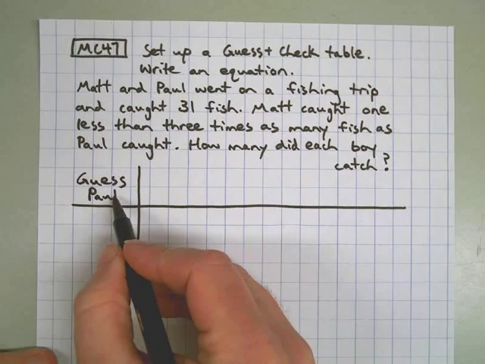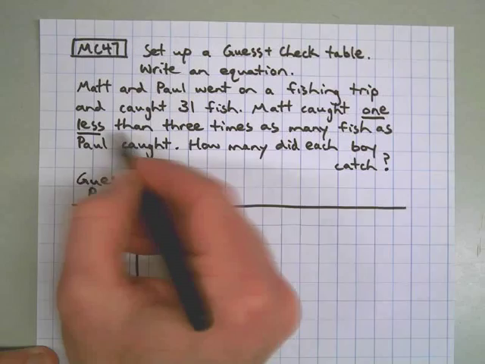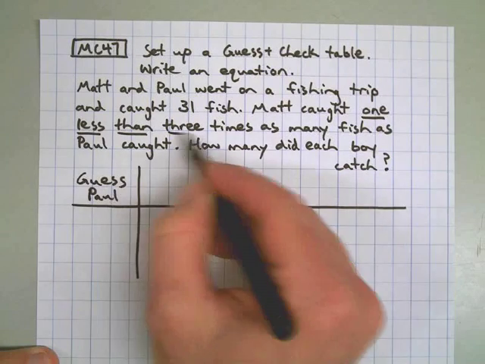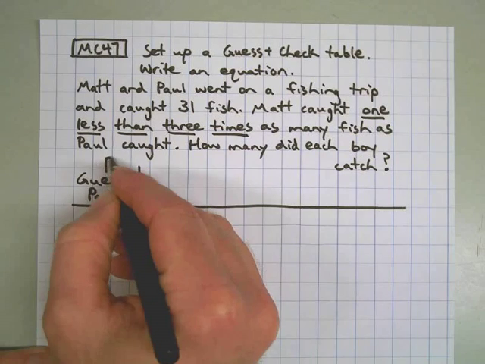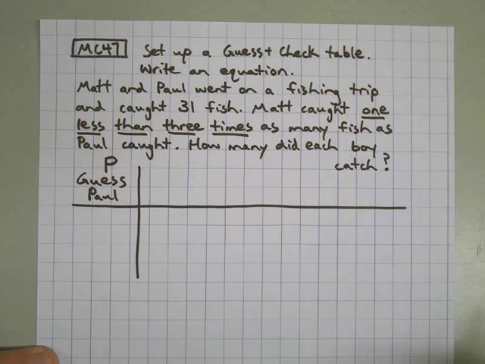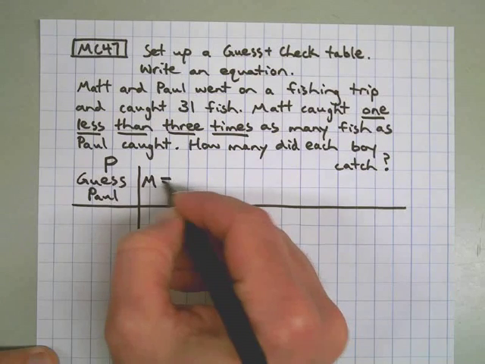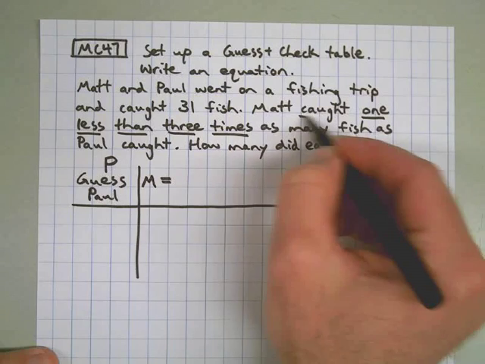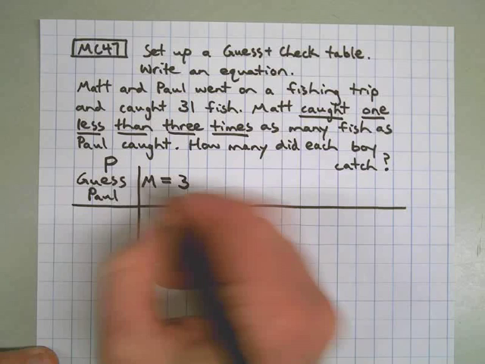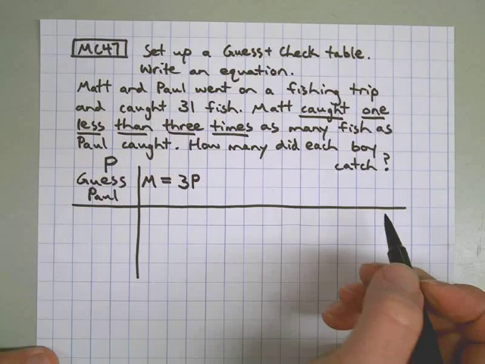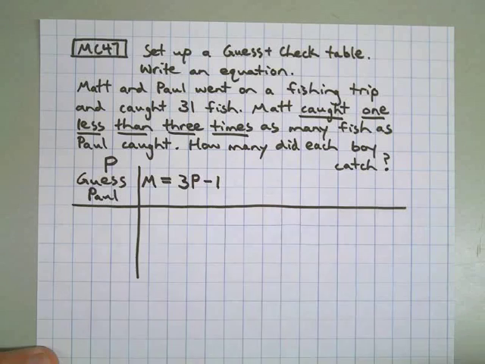Now if I guess Paul, my keywords here are 1 less than 3 times. If I use the letter P as a variable for Paul, and I take Matt and say Matt caught, using the equal sign for the word caught, 3 times as many fish as Paul, or 3 times Paul, and 1 less, minus 1.